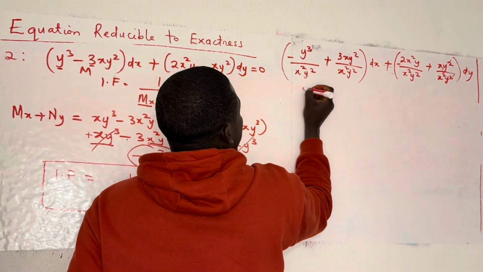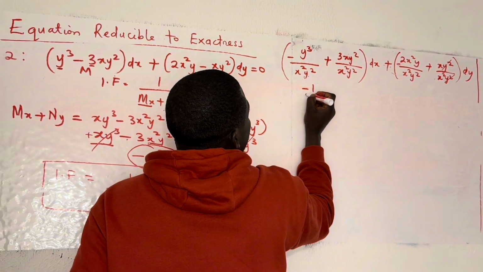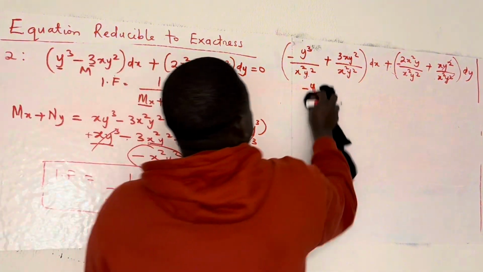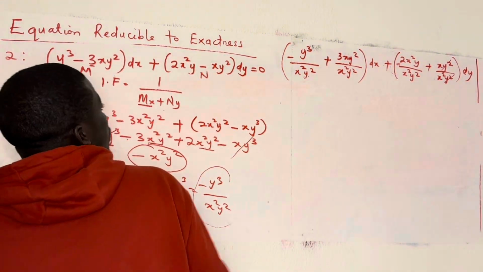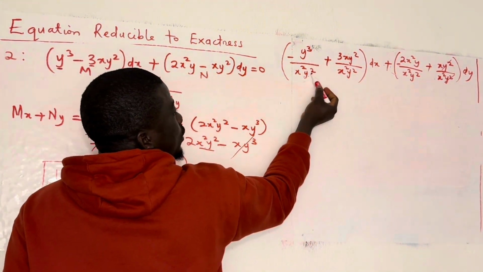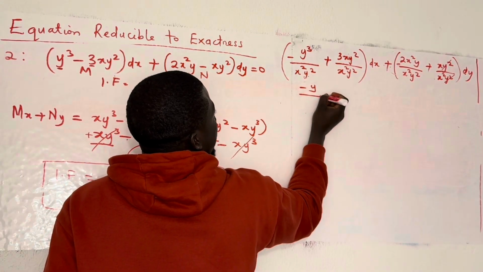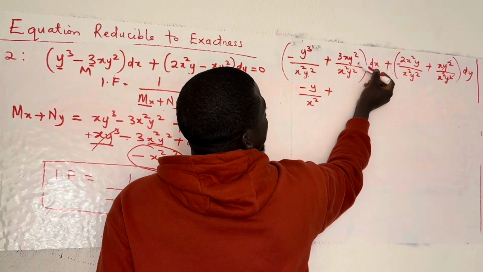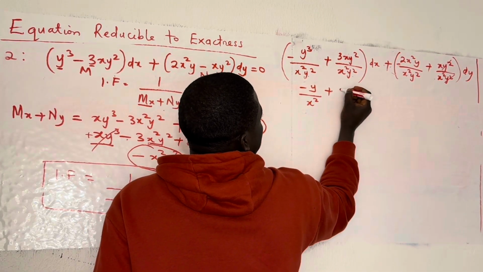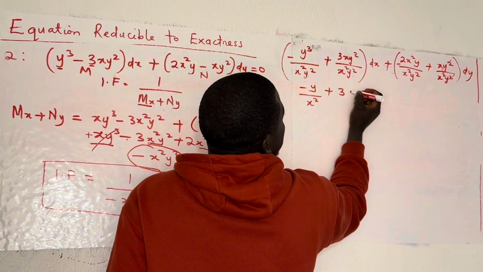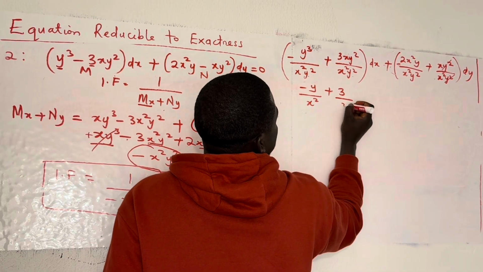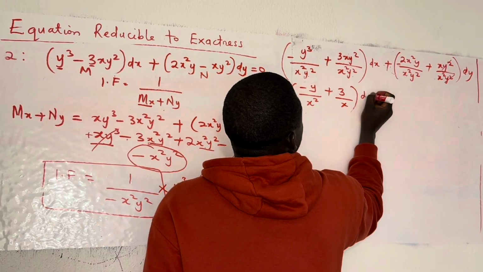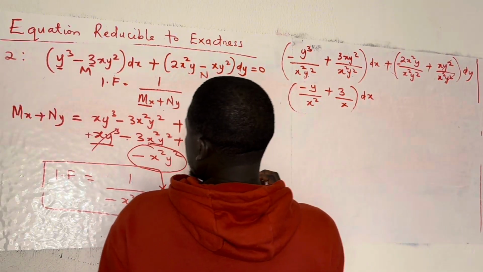So this will give us minus y, y cubed here, y squared here. So we'll be left with minus y divided by x squared plus, for this, y squared will cancel y squared. So we are left with 3 divided by x, all the dx.